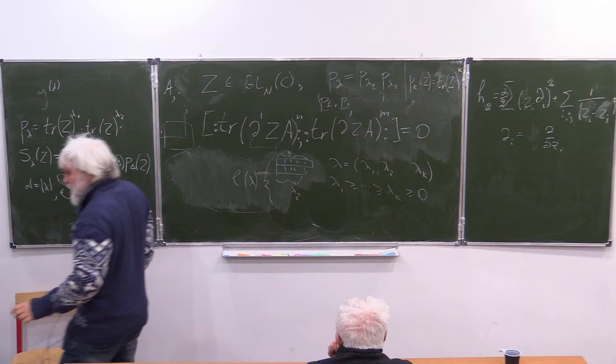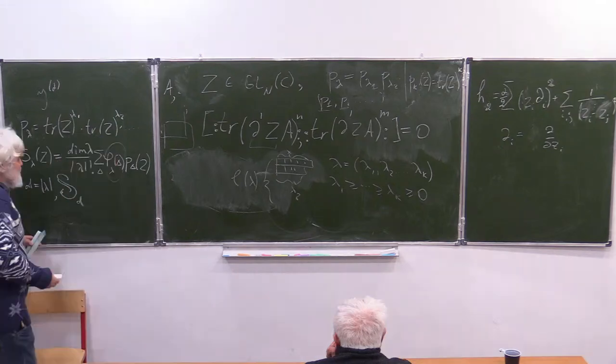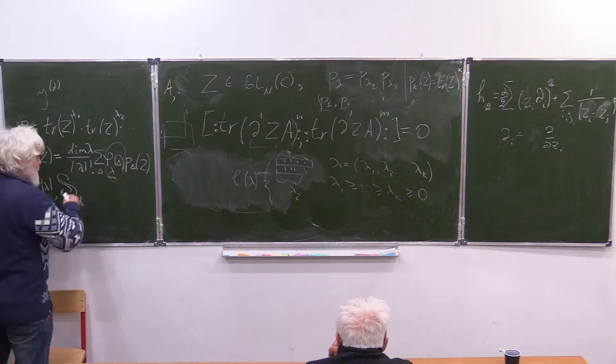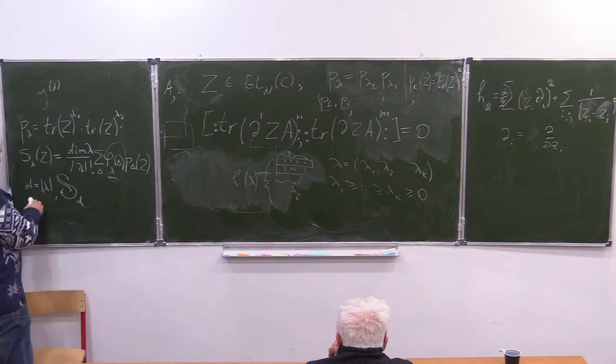The delta must be a different Young diagram, yes, of the same weight. This is a normalized character actually. I don't want to go into the detail. It labels the irreducible representation of this group, and this is the cycle class.